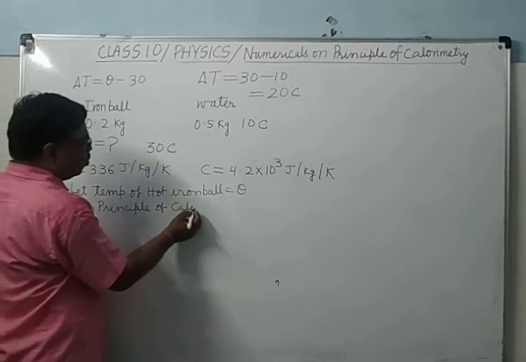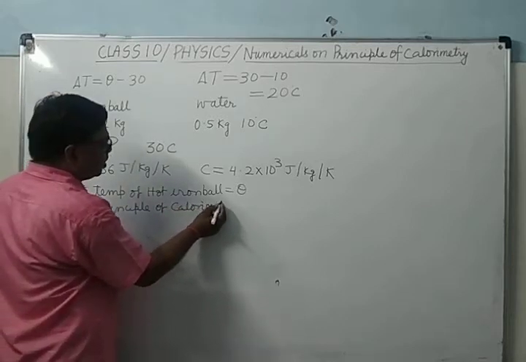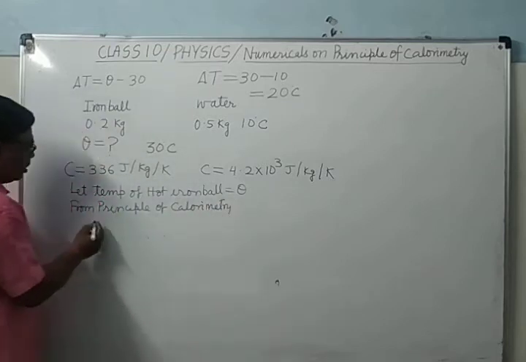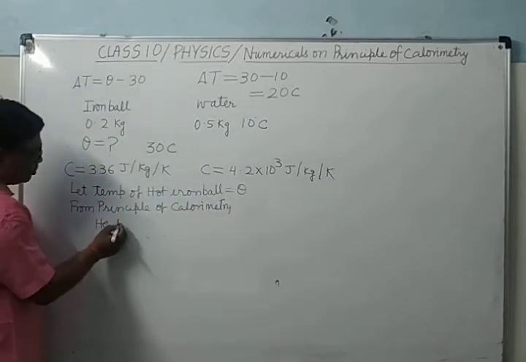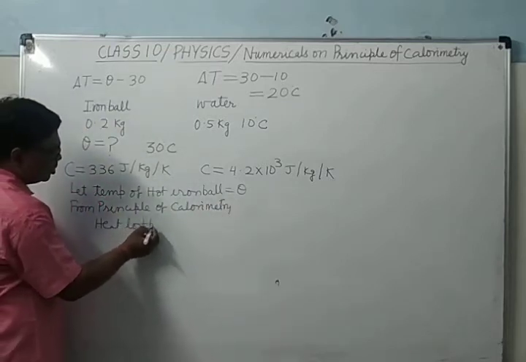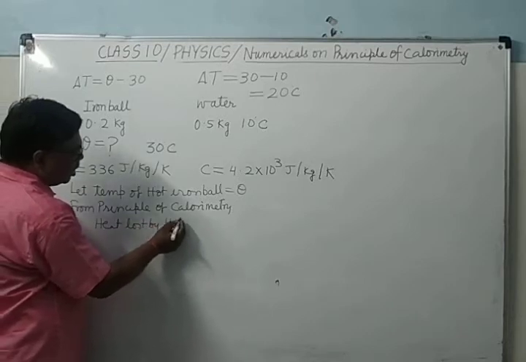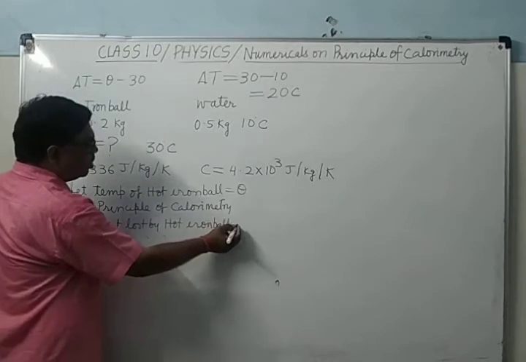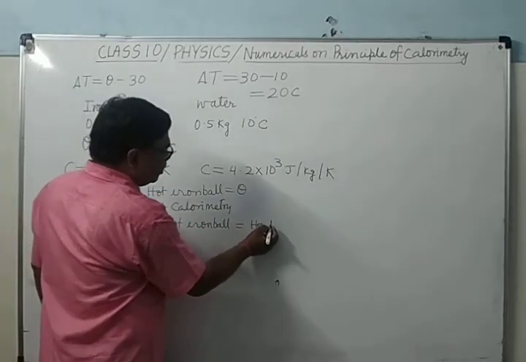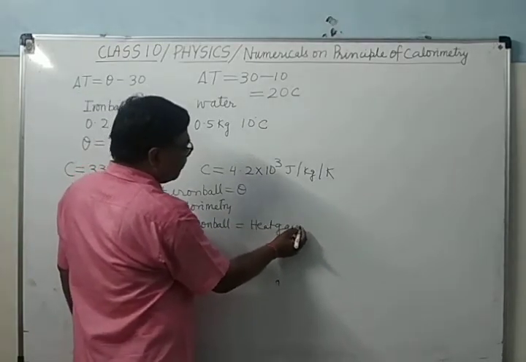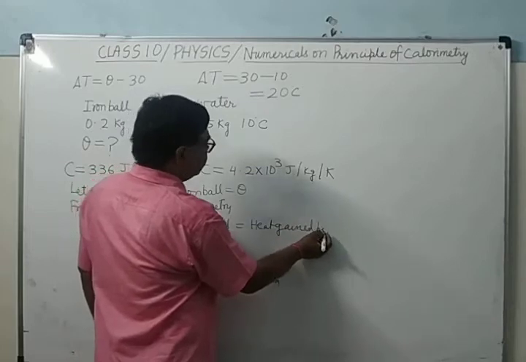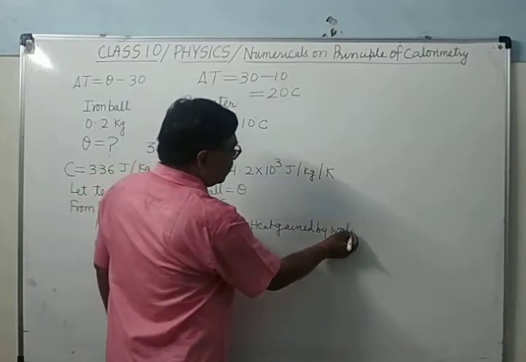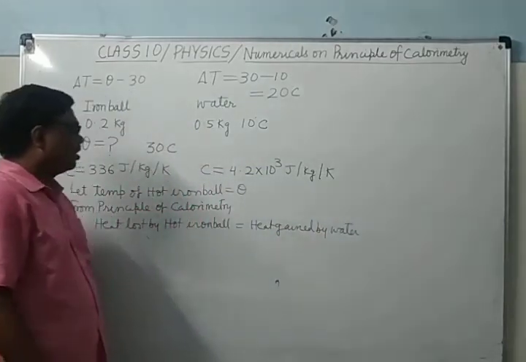Principle of calorimetry: heat lost by hot iron ball equals heat gained by water.